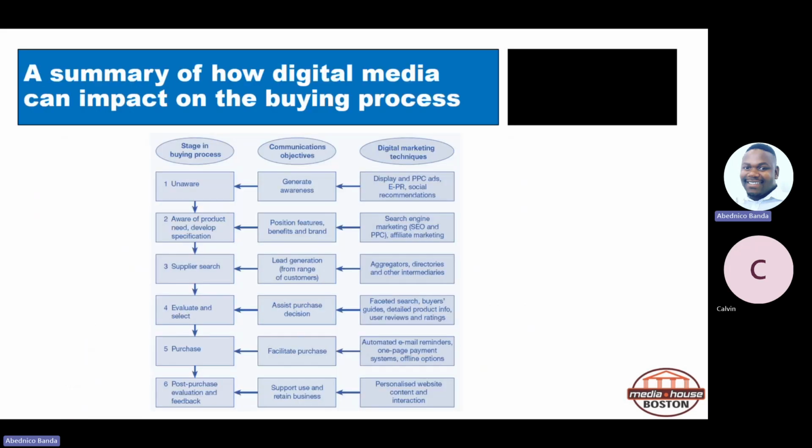How are you there? If people are not aware of your product, make them aware. So you generate awareness. Once people are aware, you generate interest, make them aware of the specifics of that product, be it the features, the benefits, the accessories, and so forth. Then the moment they are aware of you and they are looking for intermediaries, make sure that you are giving them a range of options on where they can find you. I've seen it with Hisense.